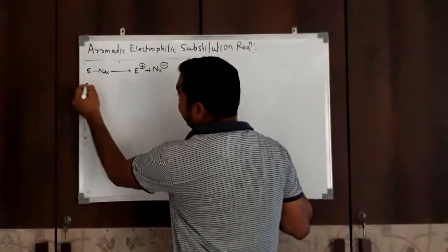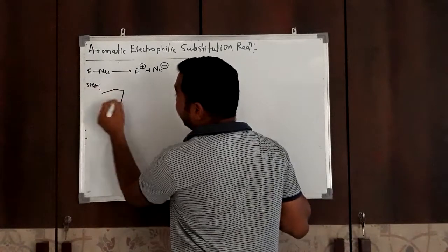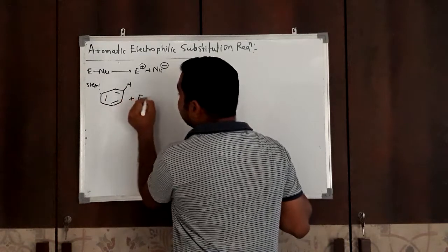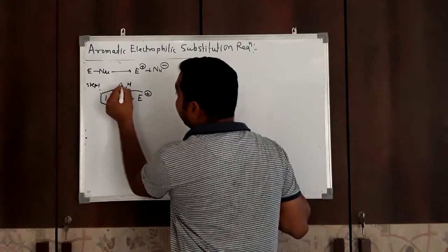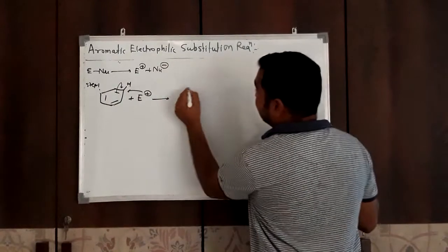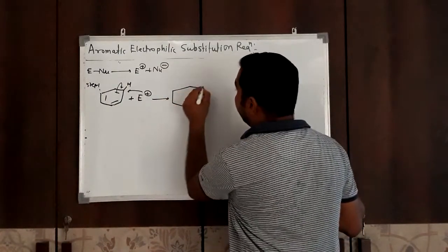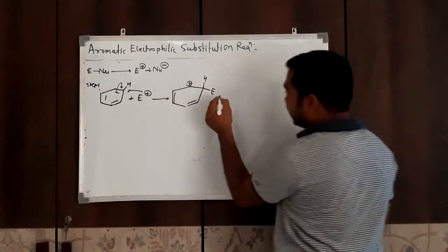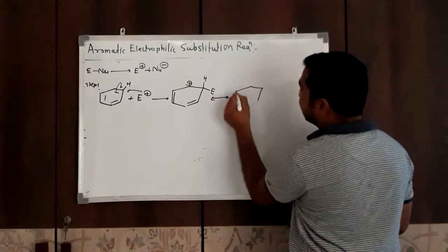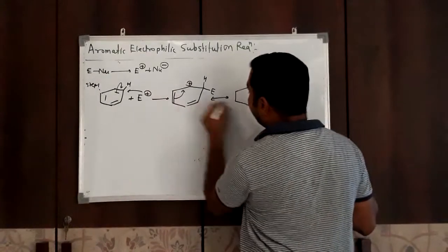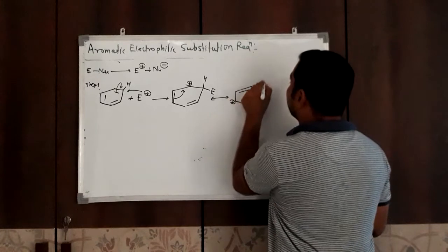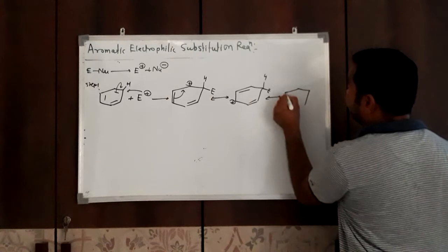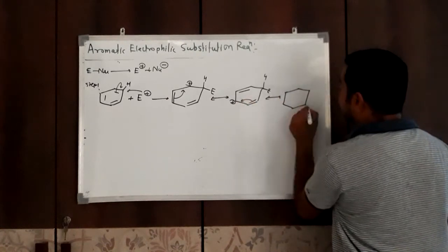Then in step 1, E plus attacks this benzene ring and forms this type of intermediate, a carbocation, and then this carbocation undergoes resonance and gains stability. Here now the positive charge is like this. This is the process of resonance. Writing more than one structure for the same molecule is called resonance.